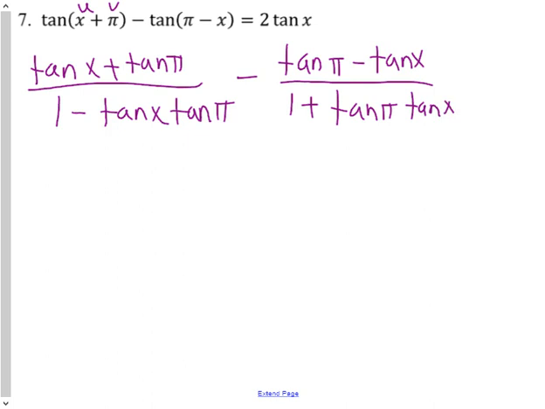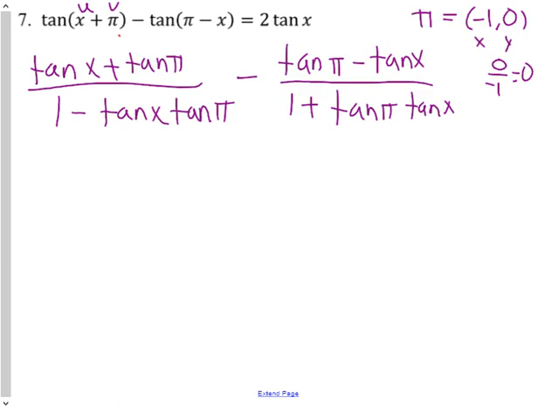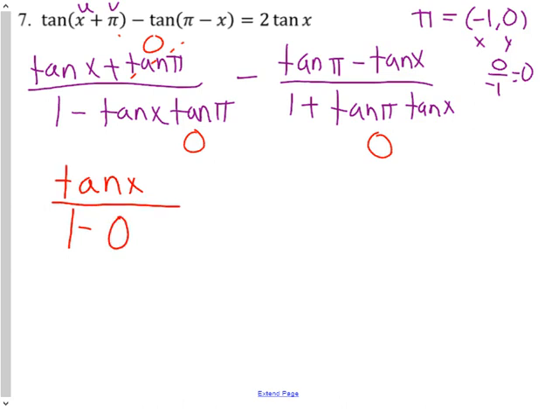And we need our point for pi. Pi's point is (-1, 0). And again, tangent is y over x, so 0 over negative 1 would give us 0. So everywhere there's a tangent of pi, it's 0. Now when we put it together, we've got tangent of x plus 0 over 1 minus tangent of x times 0, so that's 0, minus 0 minus tangent of x.